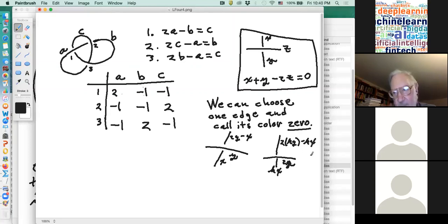Everybody has been multiplied, including the third color, by k. So this is still a coloring. If this is a coloring, that's a coloring. On the other hand, what if I changed x to x plus n for some n, and I change y to y plus n for some n? Then 2 times y plus n minus x plus n is 2y minus x plus n.